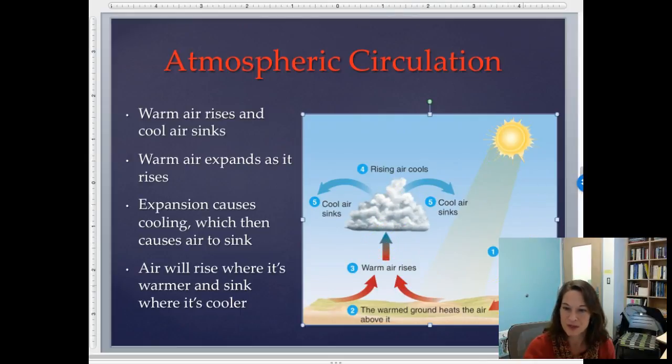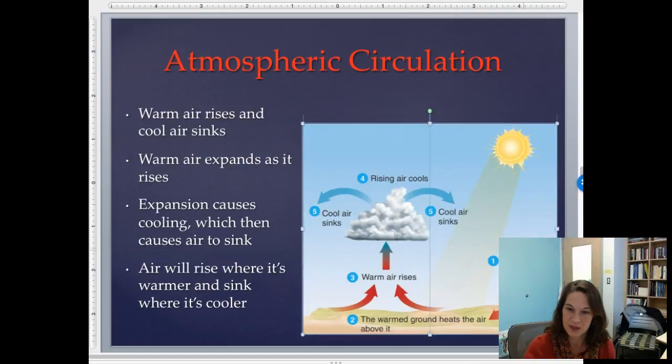And so it flows in a circle like that. As that air cools, it becomes heavier, it sinks, it goes back down to the ground again, and so you get these cyclical, circular cells of rising, expanding, cooling, and sinking air.